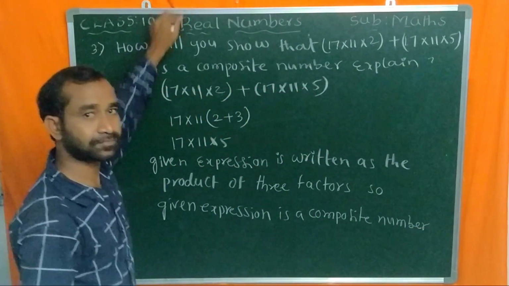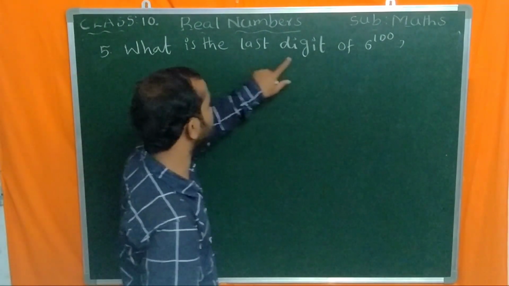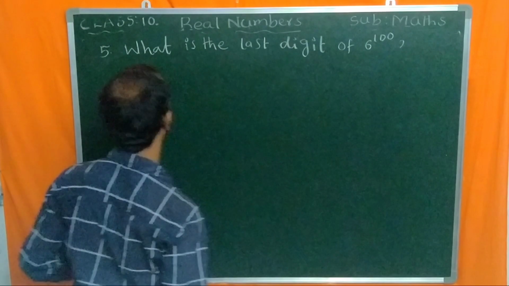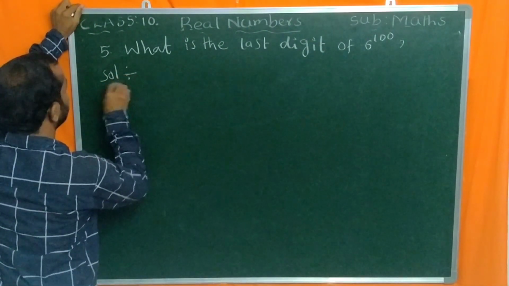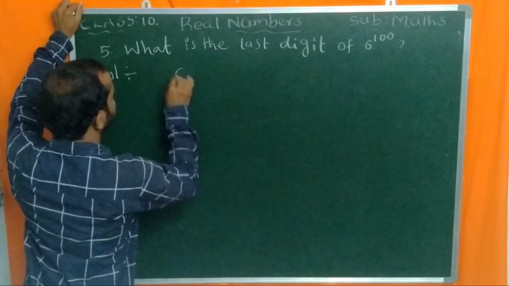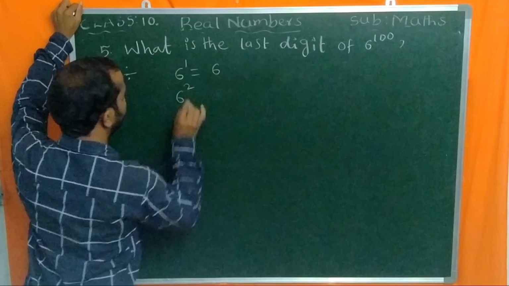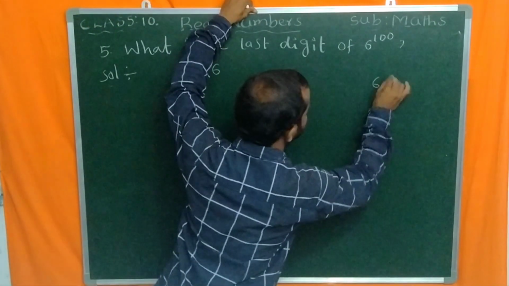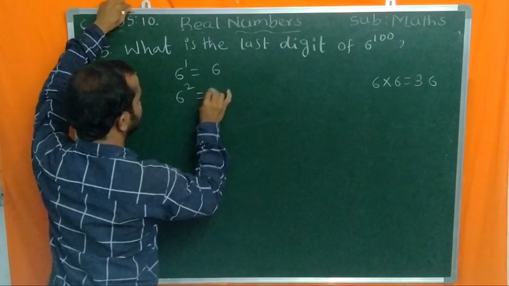Composite number. Next problem: what is the last digit of 6 to the power of 100? First, 6 to the power of 1 equals 6. 6 squared is 6 into 6, which equals 36.